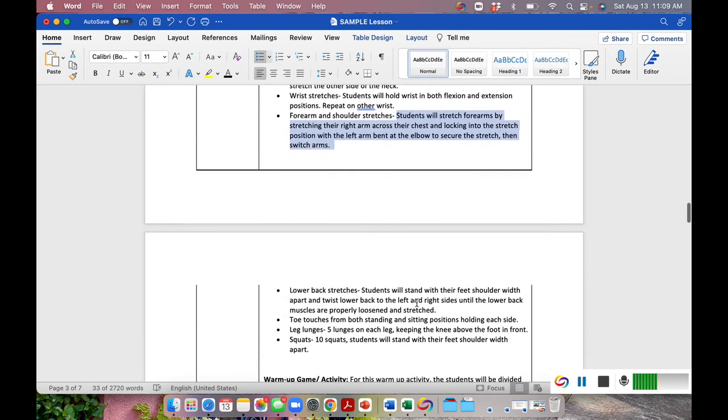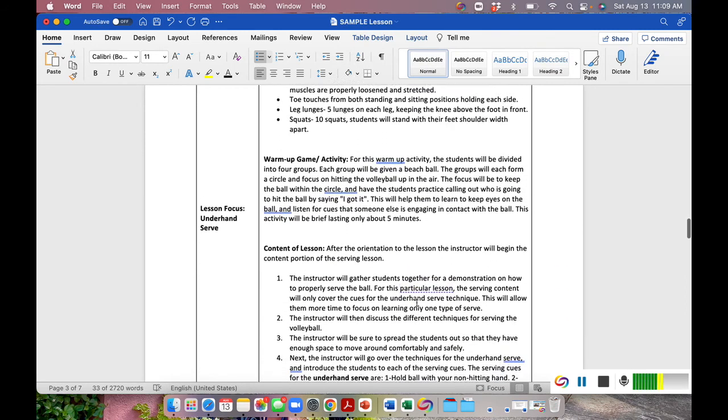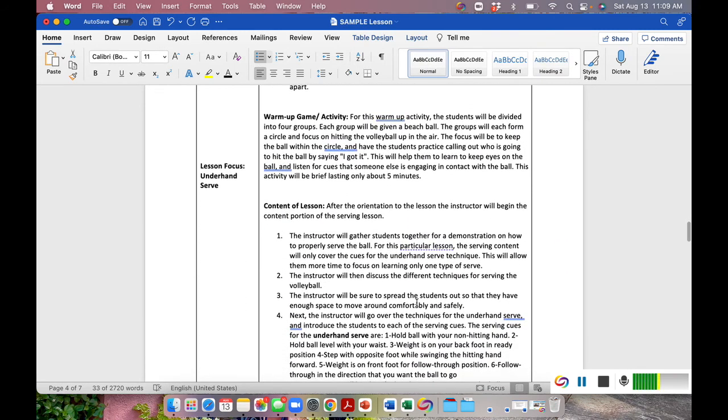The criteria that I talk about all the time in my classes is, if you were the teacher and I haven't been in the classroom in several years, so if I were to come in and pick up this lesson, would I be able to follow it and go, oh, I know exactly what he or she wants their students to be doing. I know where they want them positioned in the gym or the activity area. I know what types of grouping they're using. I know what equipment they need, and so on.